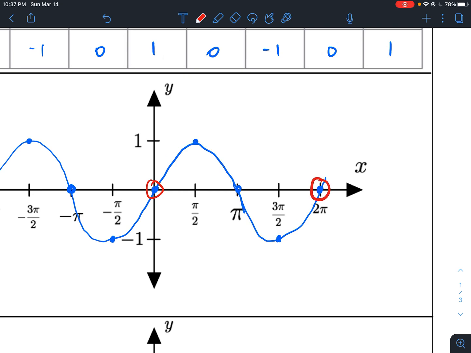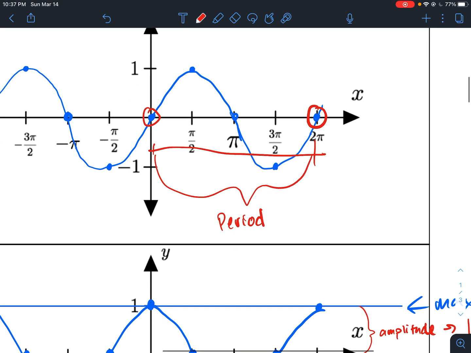This is one cycle, or in other words, we call this the period of the function. So the distance from here to the point where it starts over, this is called the period of the function. So in this case, the period of this function is 2 pi. It has to go over 2 pi units to make one full cycle, or to go through one full period.